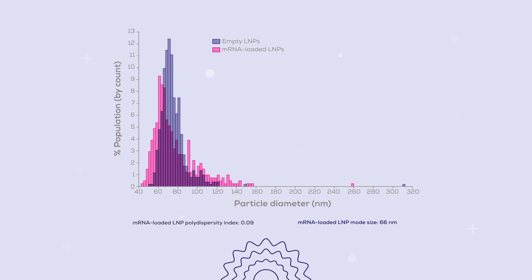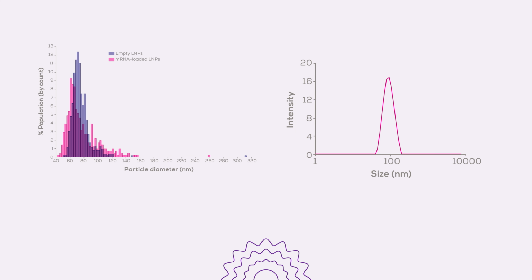TRPS showed superior resolution, pinpointing that the mRNA-loaded LNPs were markedly smaller in size than what was indicated by DLS. Here, the size discrepancy was 25 nanometers. Next, it's quite apparent that there actually is some polydispersity. This is reflected in a slightly higher polydispersity index of about 0.09, as compared to the 0.08 reported by DLS.